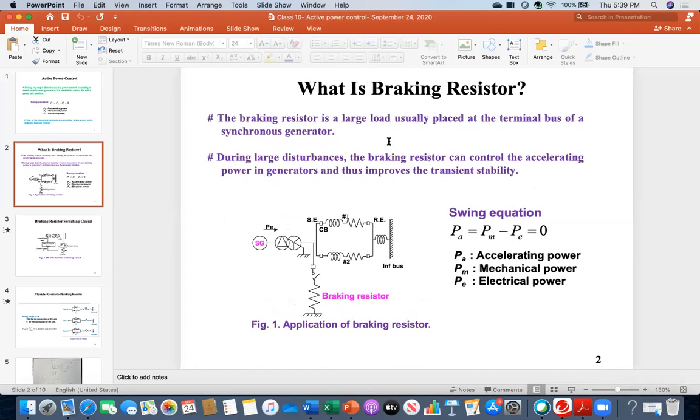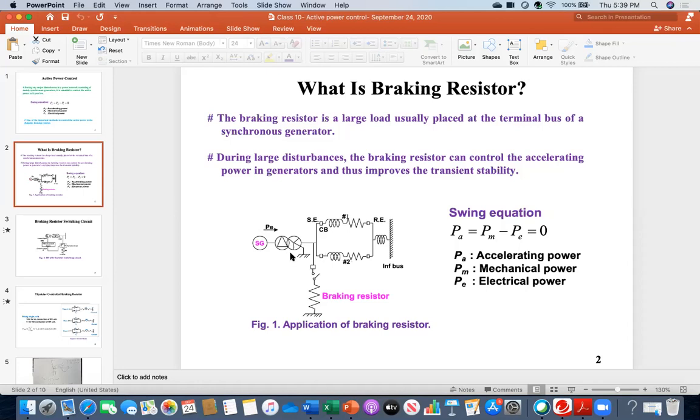So here you see, I have written what is a braking resistor. The braking resistor is a large load usually placed at the terminal bus of a synchronous generator. For example, in this network I have shown one synchronous generator and a transformer connected, and this represents a double circuit transmission line.